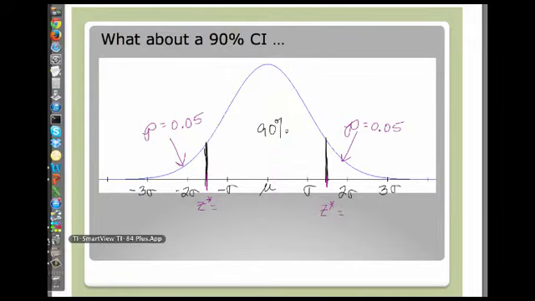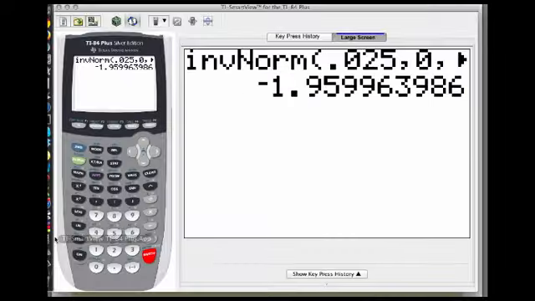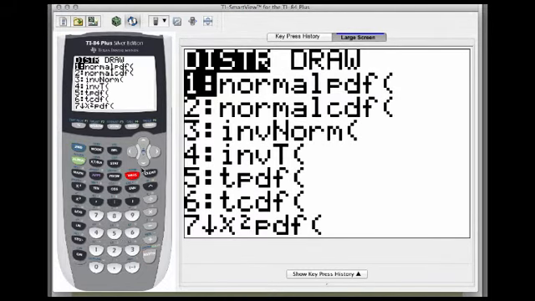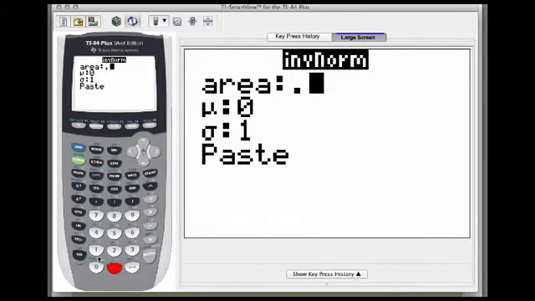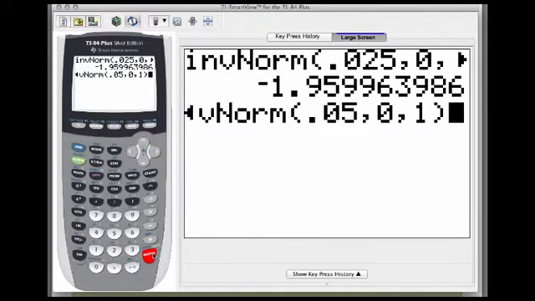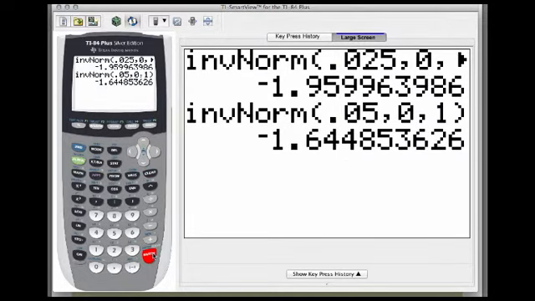Let's go back to the calculator. Second vars. And this time our area is going to be 0.05. We can leave 0 and 1 as the mean and the standard deviation. And we get approximately negative 1.645.